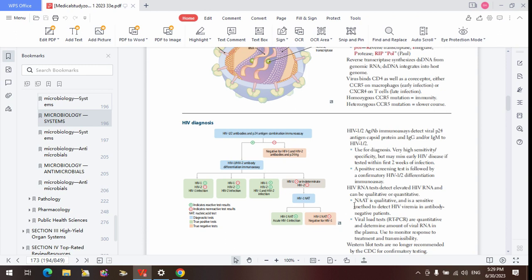Now, this nucleic acid amplification test is like a test that is assessing for the RNA of the HIV. That's what it's doing. It is a yes or no test. Is it that the RNA is there or is it not there? It is not actually used to.